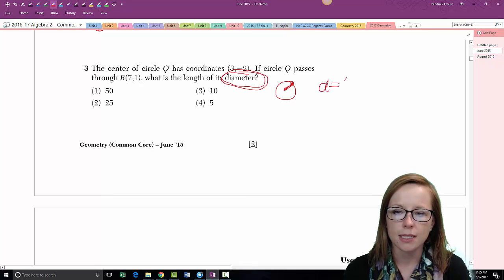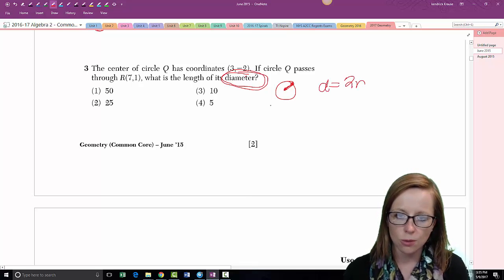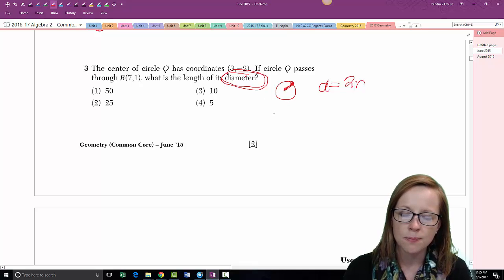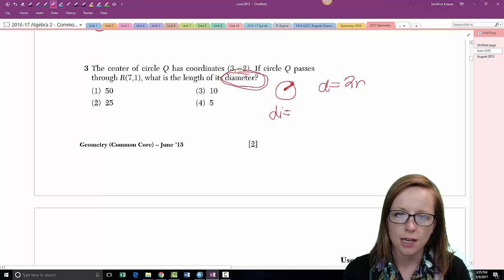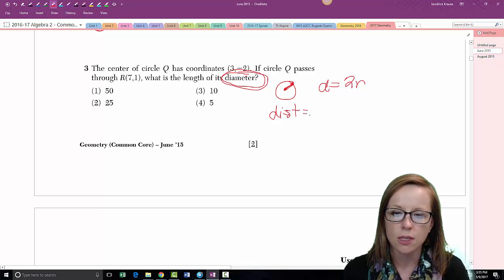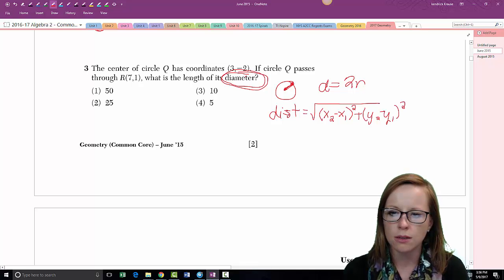diameter is 2 radiuses. So I'm going to calculate the radius using the distance formula. So we know that the distance formula equals the square root of x2 minus x1 squared plus y2 minus y1 squared.